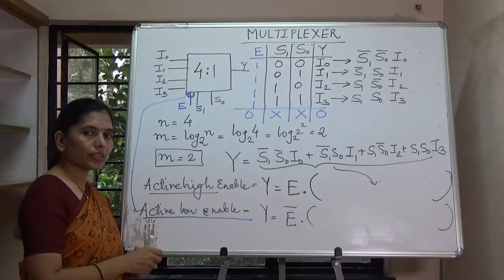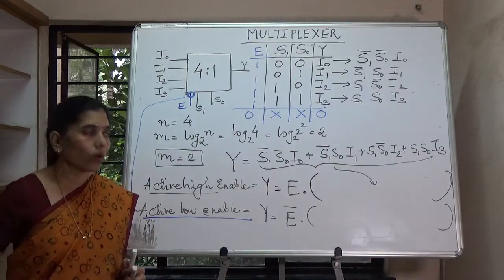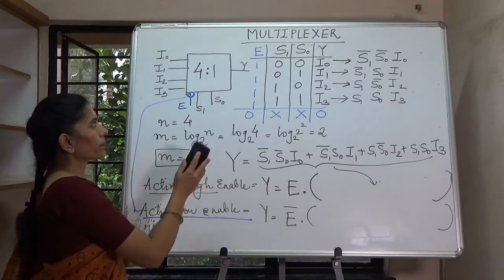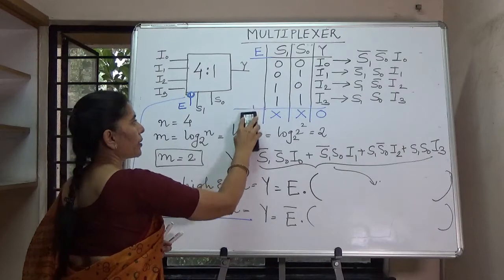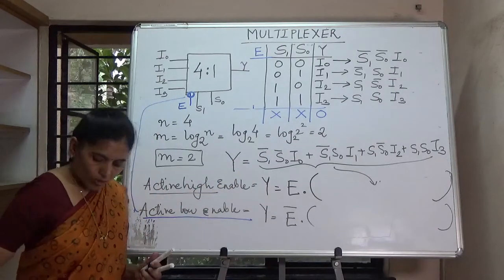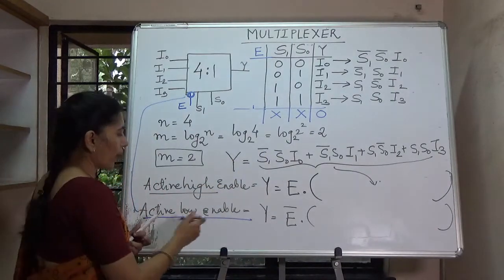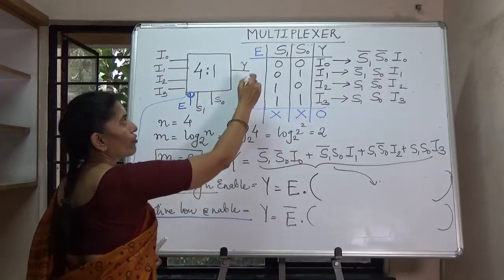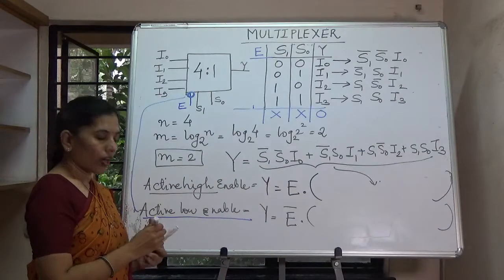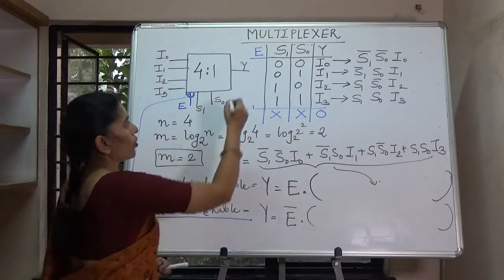In case the enable line is active low, then instead of the multiplexer being enabled for a 1, for active low enable, the multiplexer function would be enabled for a low line.